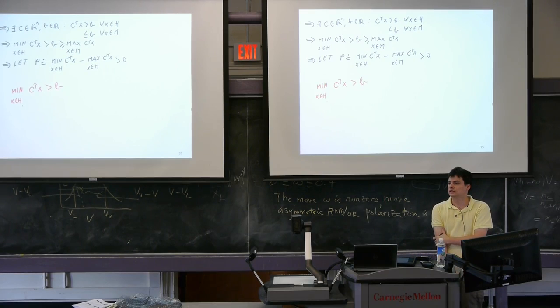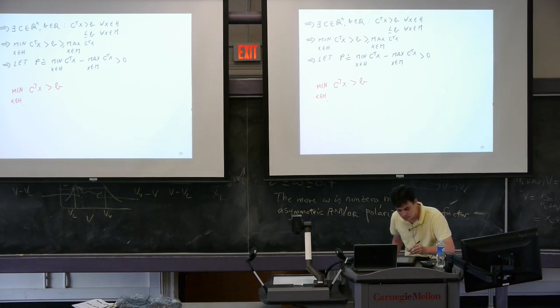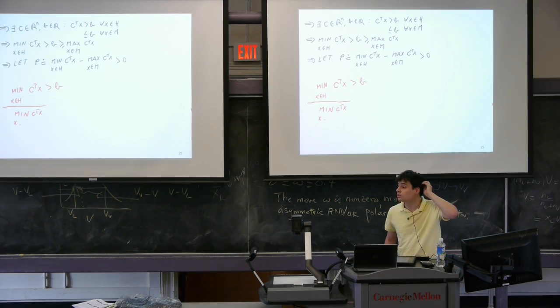What did you suggest? Dividing this C with, who suggested something? Yeah, so what was the way? Over H. First you can find C transpose X to separate H and M. Yes, so I have C and B that separates them.